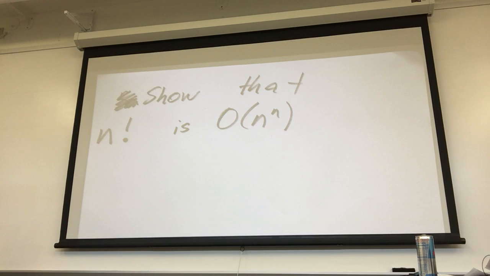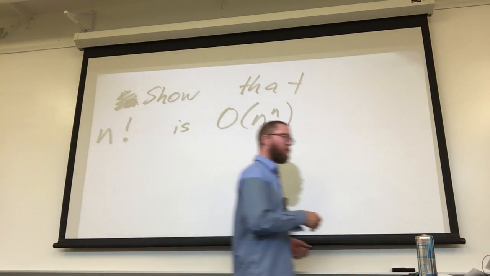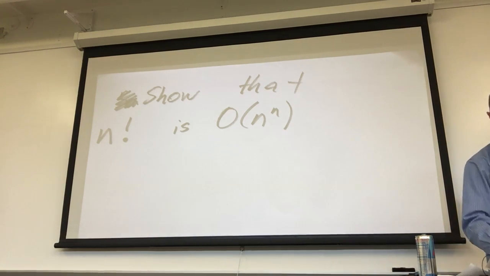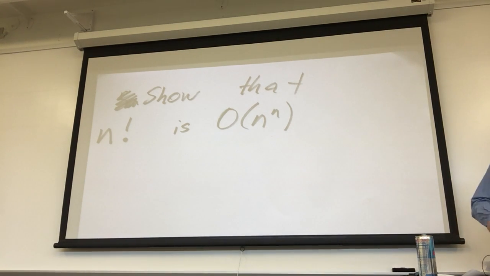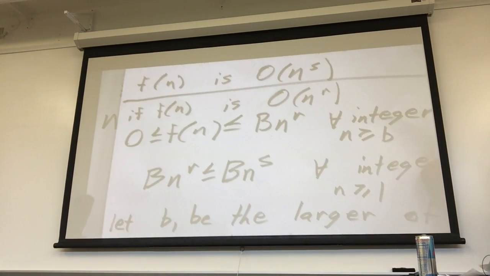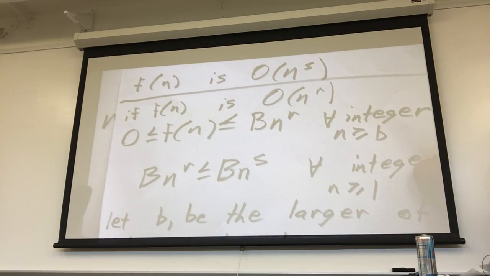Well, let's look back at our definition of what we want to see with big O. For big O, we want it to be bigger than 0. Well, fine.